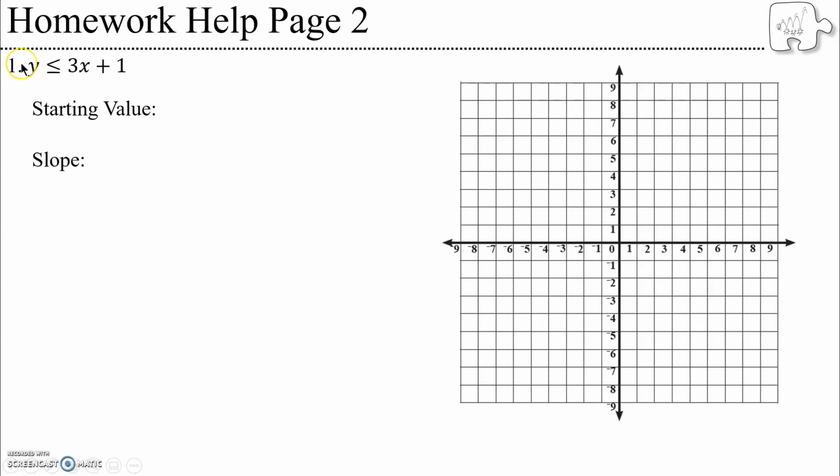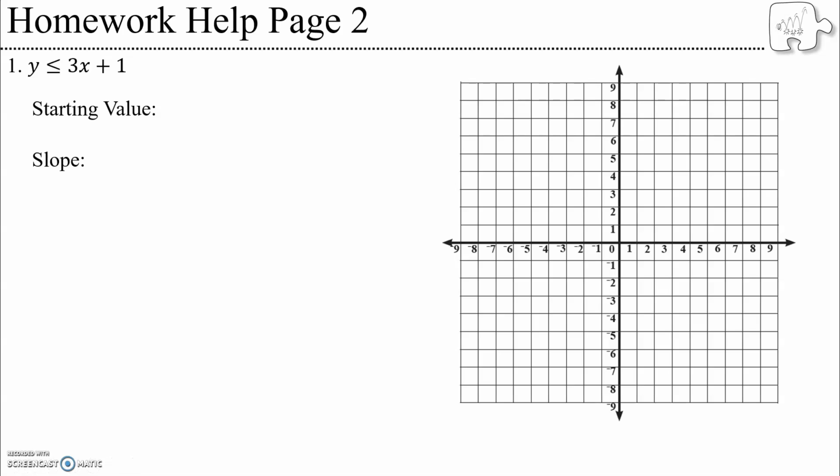Here we have the inequality y is less than or equal to 3x plus 1. So mx plus b: we just want to graph 3x plus 1. Imagine that this is an equal sign.